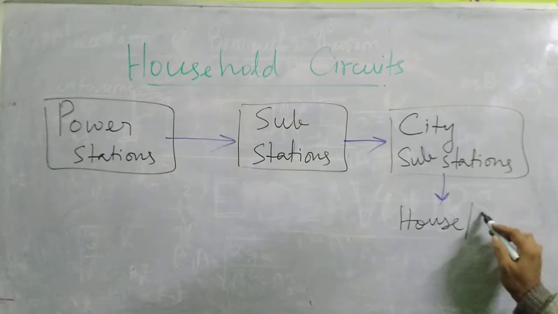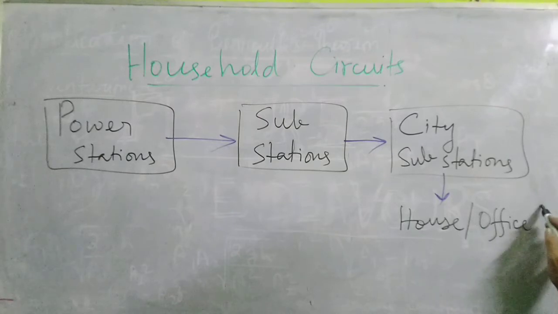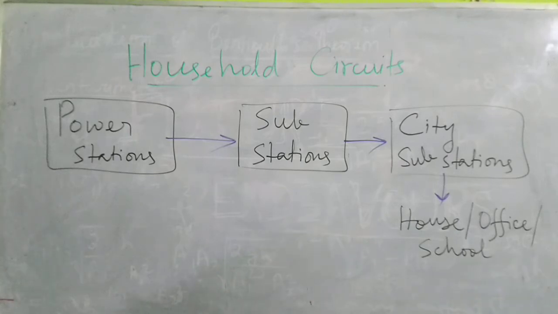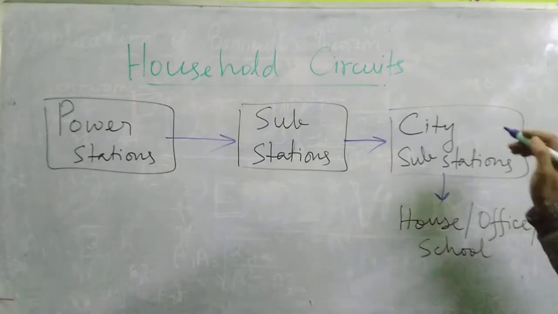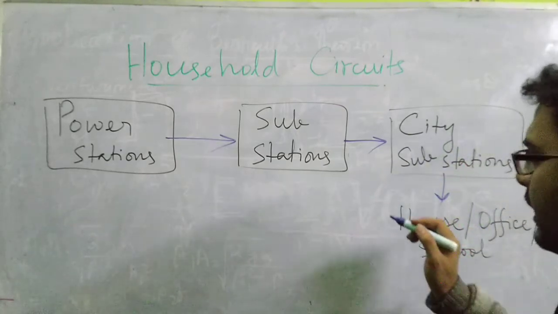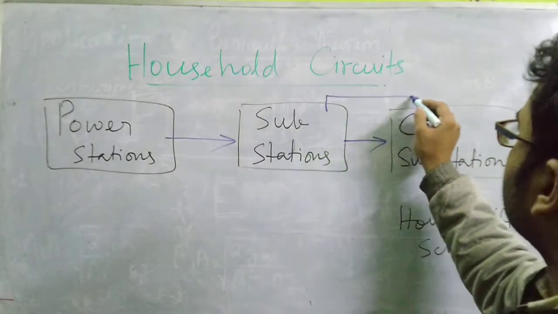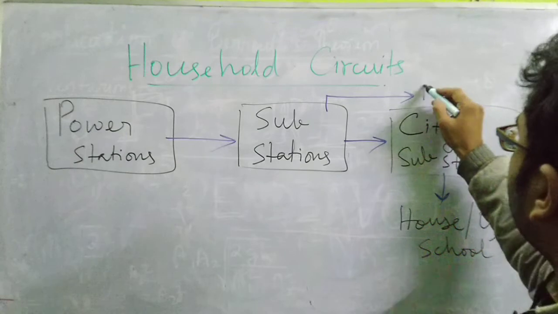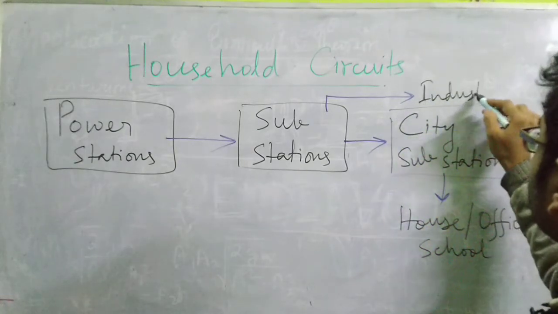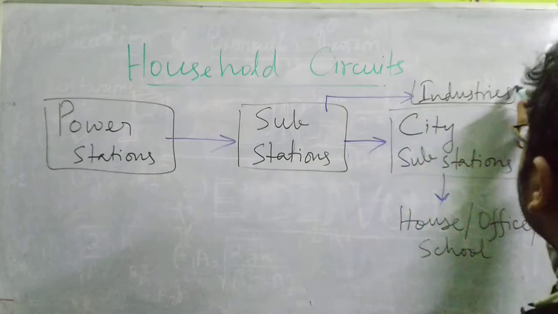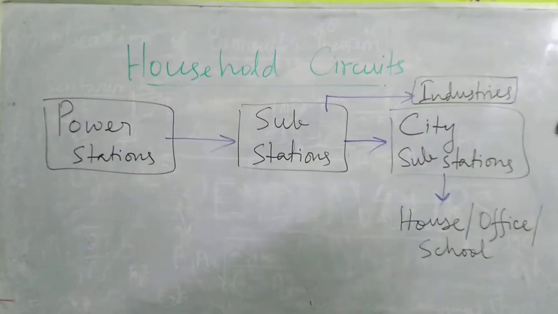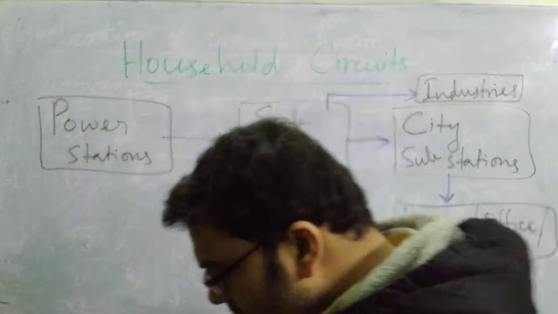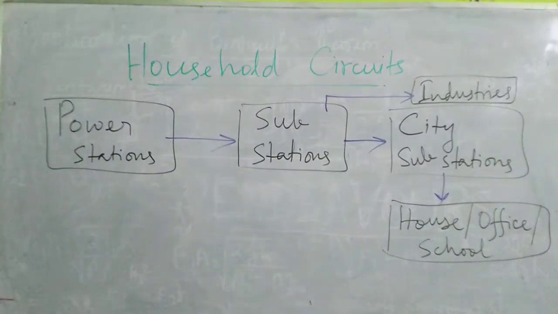It can be your house, office, school, shop, anything, or it is also sometimes supplied to the industries. The industries are supplied separately, directly from the substations. As the industries have a higher requirement of energy, they are generally not supplied from the city substations. Okay, so this is a brief outline of how the power is transmitted to your house.